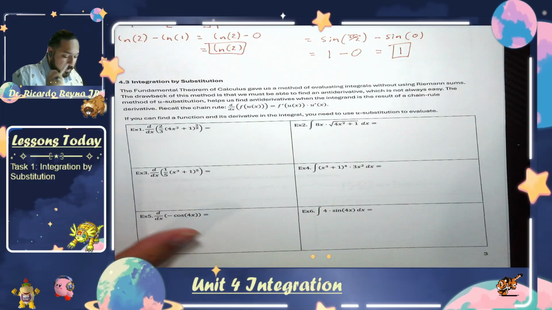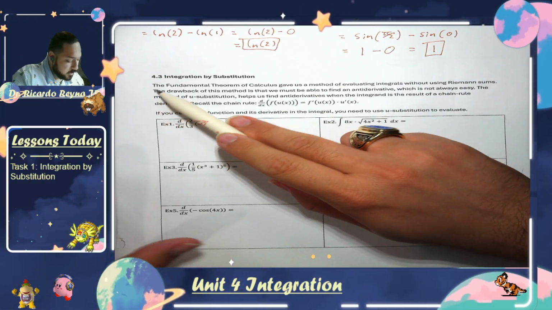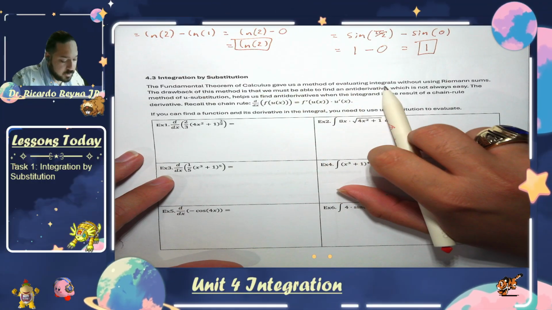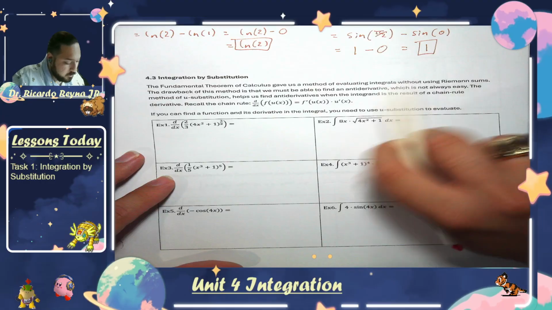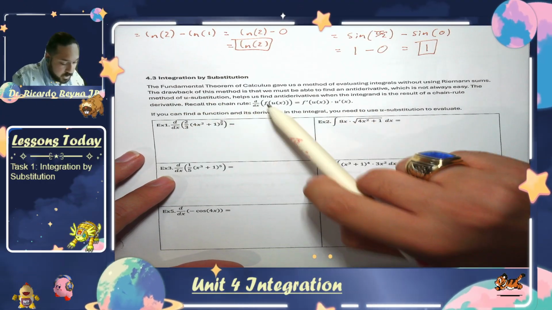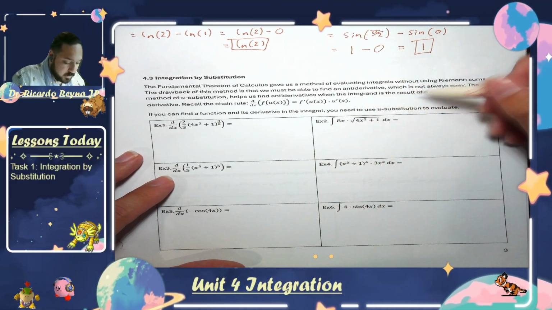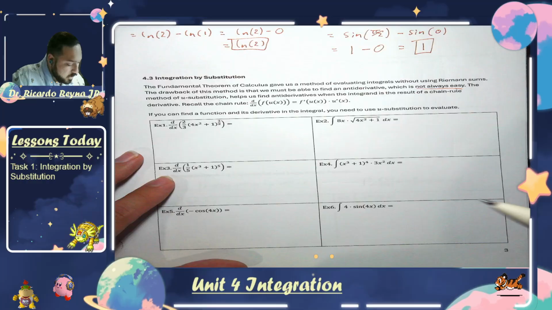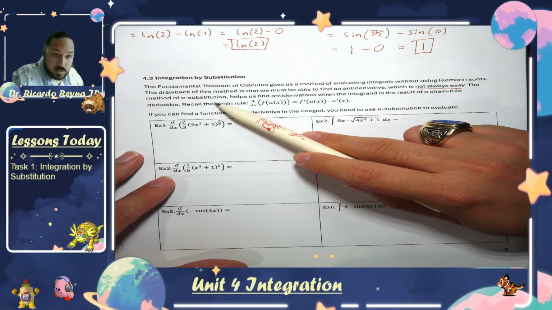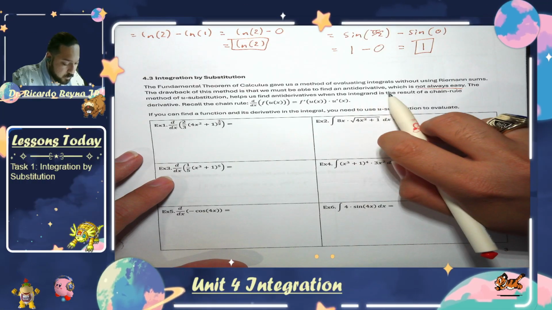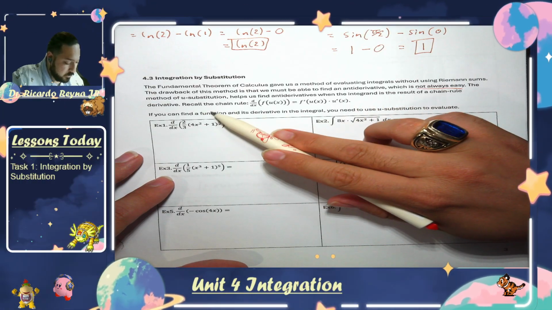So, let me read this prompt first in case I'm skipping anything. The fundamental theorem of calculus gave us a method of evaluating integrals without using the Riemann sums. The drawback of this method is that we must find the antiderivative, which is not always easy. Okay, it's kind of what I'm talking about. The method of U substitution helps us find antiderivatives when the integrand is the result of a chain rule derivative.